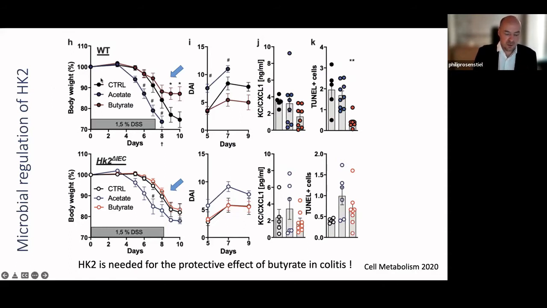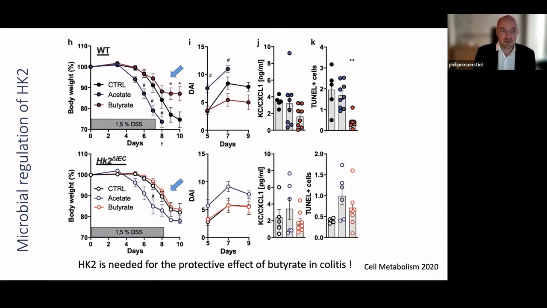If you give butyrate specifically at later points when there is a regenerative response, you can see the protective effect of butyrate in this model. You can also see that there is suppression of cell death, of the epithelial cells, by butyrate. Under these conditions, we think that the butyrate would downregulate the hexokinase and thereby dampen the inflammation and cell death, right?